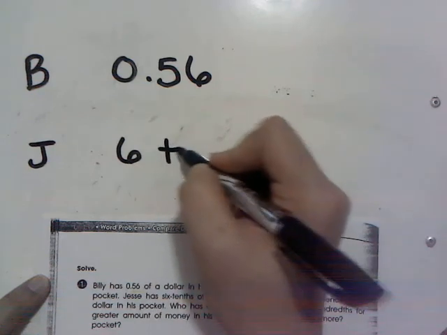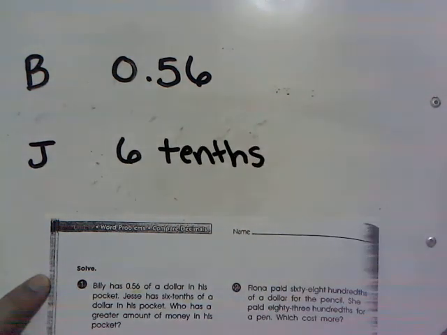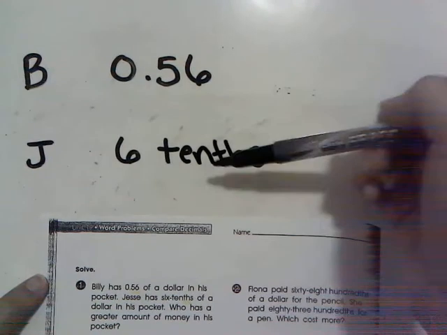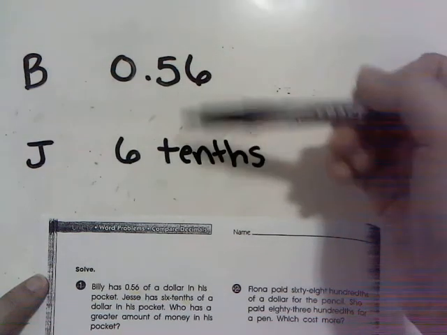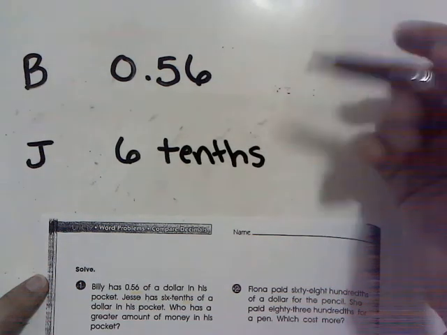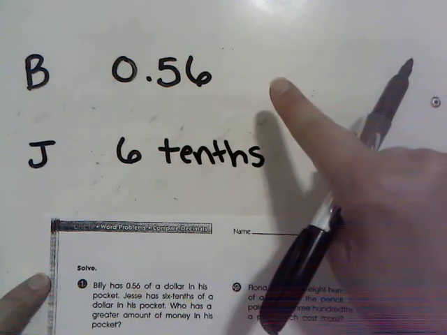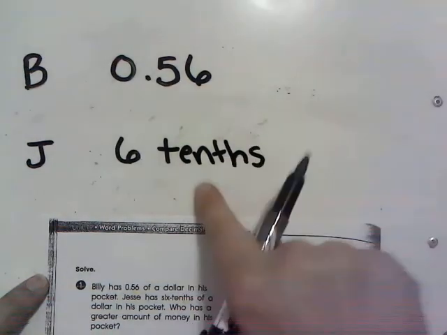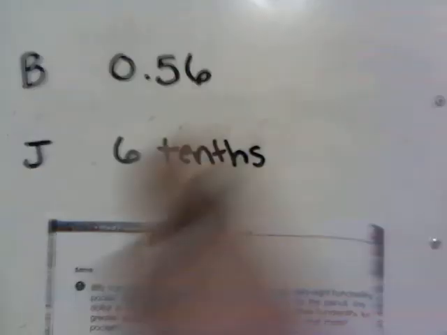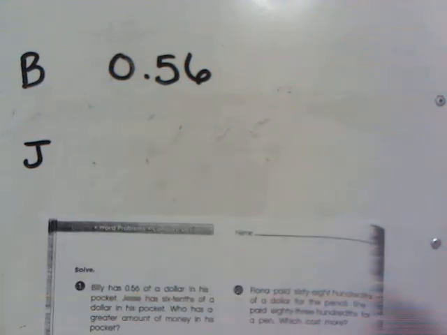This is what they are telling us. Now I've got to make it to where it's easy to compare. For me, it's easier to compare if I have a place value chart and I make everything in digits instead of seeing this way. Okay, so I'm going to erase Jesse's value.